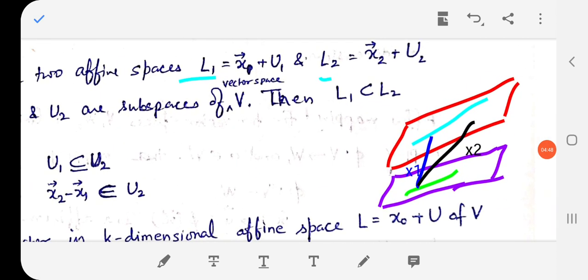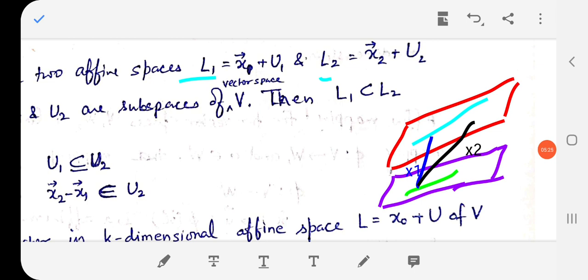Now you can see that L1 is defined by, this is the affine space corresponding to the purple plane. So the purple plane is shifted by the x2 vector. Every point in the purple plane is added with the x2 vector, that is the black line, and then they are entirely shifted to make another plane passing through x2.